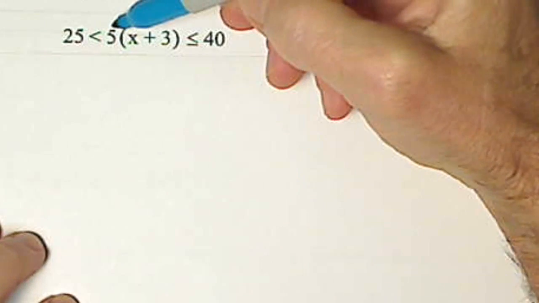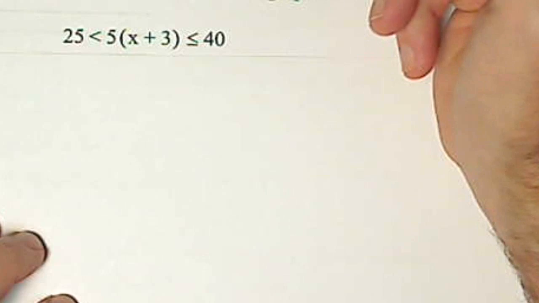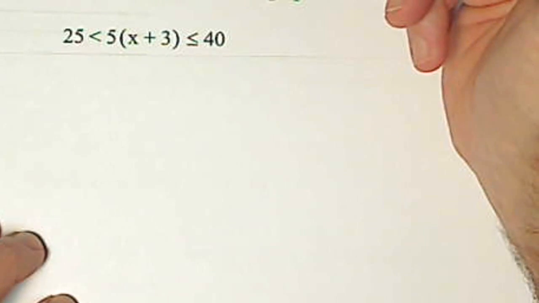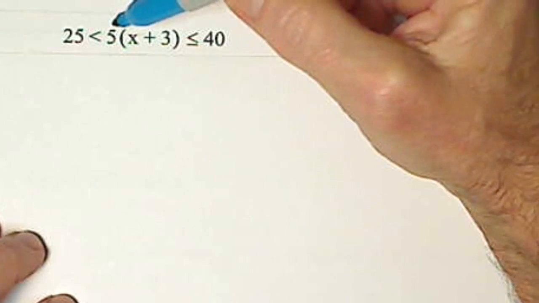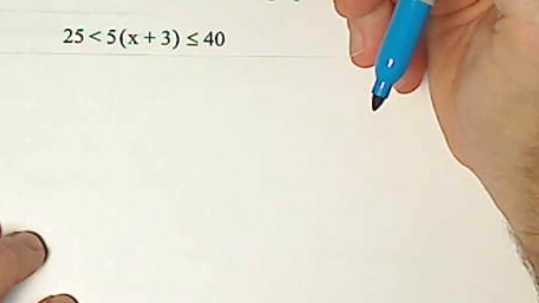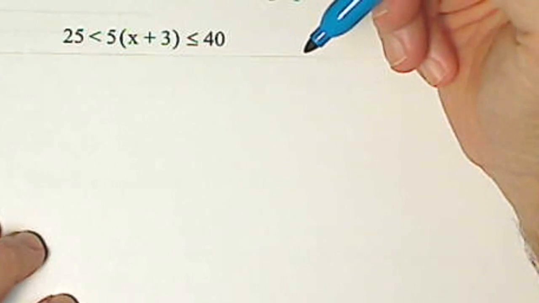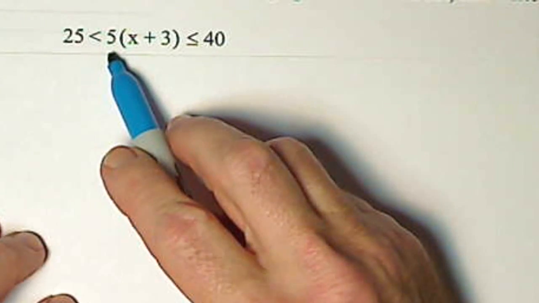Most of the problems, or all of the problems that you've solved so far, if you had a value outside the parentheses, you would distribute it in to each term to get rid of the parentheses. But the two values that I want to get rid of, I want to get rid of the 5 and I want to get rid of the 3. So the easiest thing to do is going to be get rid of this 5 first.